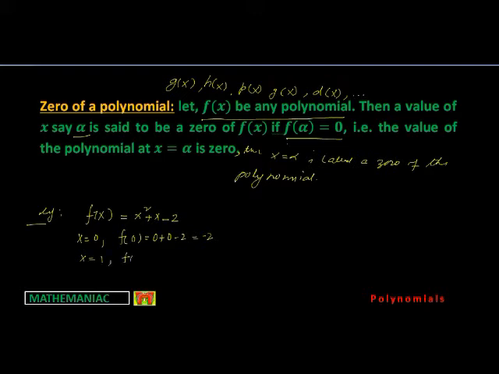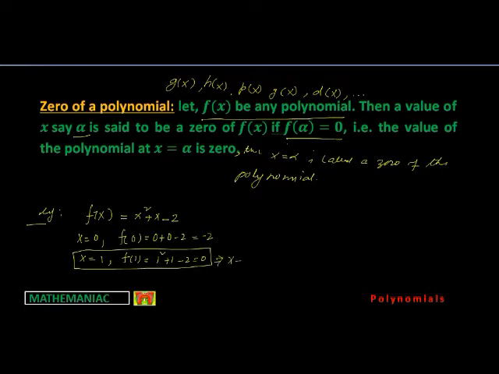Then say I put f(1). It is 1² + 1 - 2. Is it 0? Yes, that's the important part for us. This is 0. That means when I put x = 1, I got f(1) = 0.